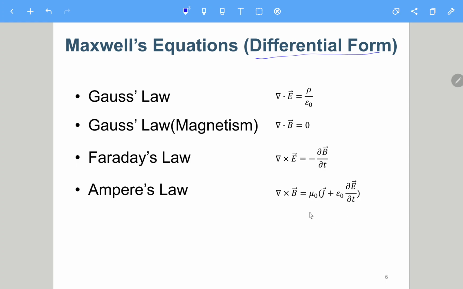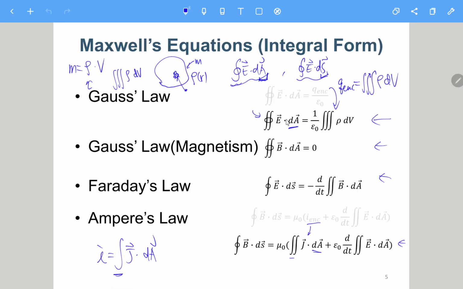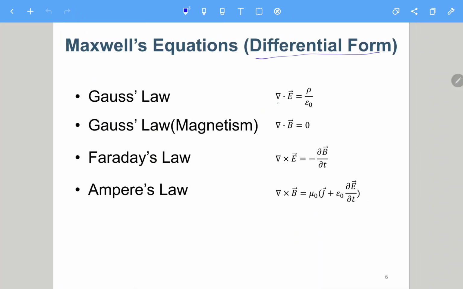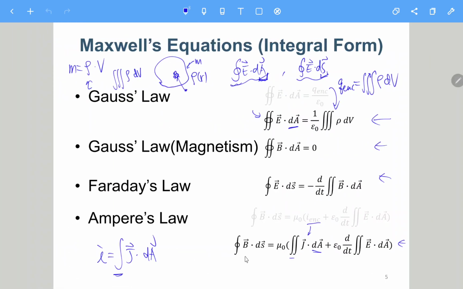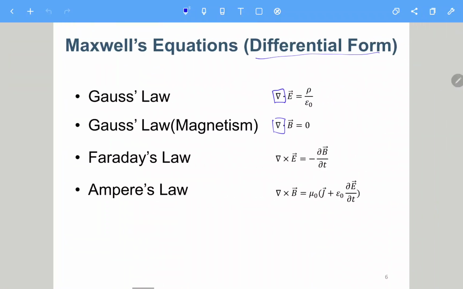If you are clever enough, you may find that we can change this double integration sign to something like this, and this line integral we change to something like this.